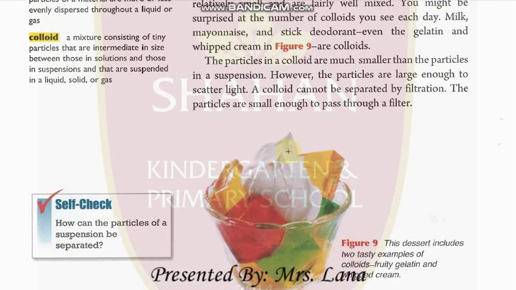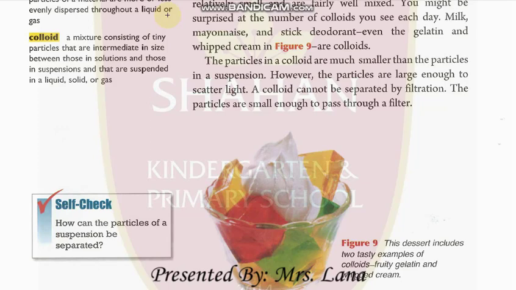This one. The particles in the colloid are much smaller than the particles in the suspension because, as I said, the particles of the suspension may sometimes be large enough to be filtered by filter paper. But the particles of the colloid are much smaller than that. However, the particles are large enough to scatter light.